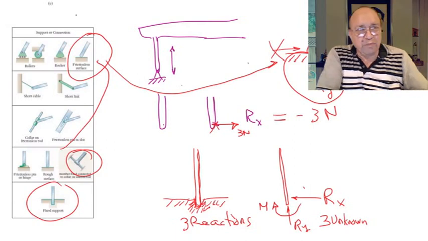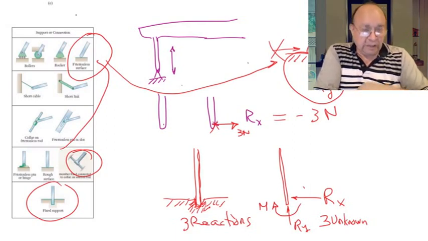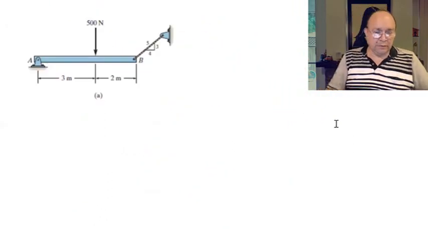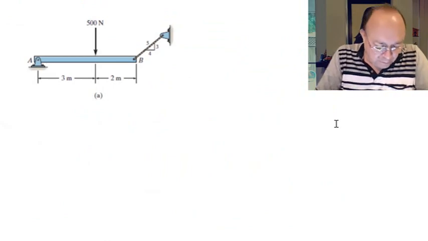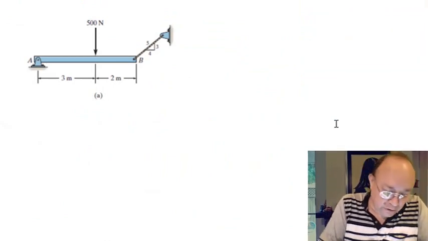Well, we have to replace the supports by the equivalent forces in order to do the analysis of the body, right? So let's take a look at how we apply this in a real situation. Let's take a look at this problem. In order to analyze it, we know that we have at our disposal three equations.